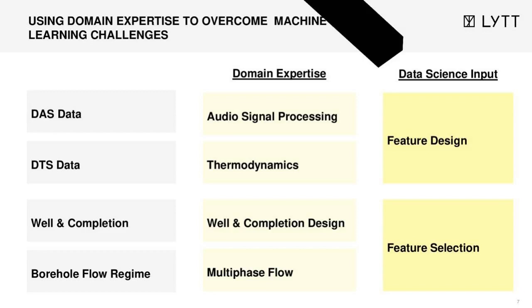In fact, the sounds we record are very different if the fiber is placed inside versus outside the pipe, because the sound propagates very differently inside or outside the pipe. So we have to account for that in our models. This is why we believe that the right approach for solving such a complex problem is the fusion between data-driven approaches and first principle models.